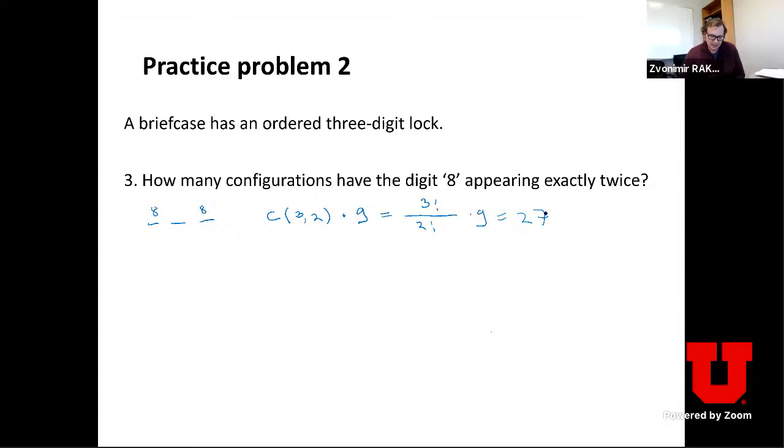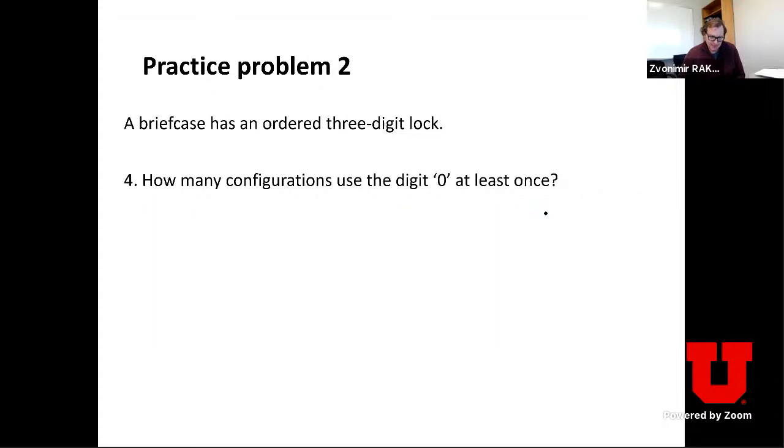Okay. Part 4. How many configurations use the digit 0 at least once? So the way I went about this, and I think it's maybe the most straightforward way to calculate this, is using the rule of complement.